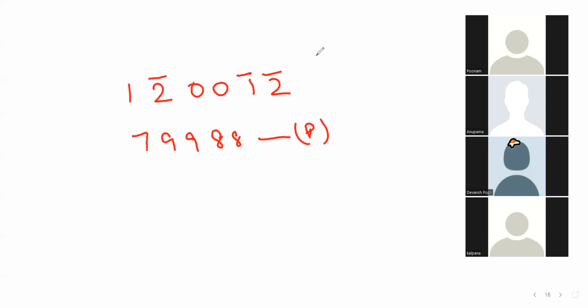So first step, 8, 8. 1 bar, again 8. Now we have 1 bar, 0, 8 0. 8, 0. This is your first step. Again, it is having a bar, so you need to repeat again. 8, 8, 9 9. 1 bar 7.